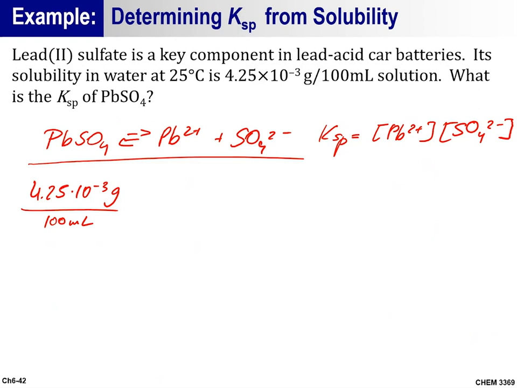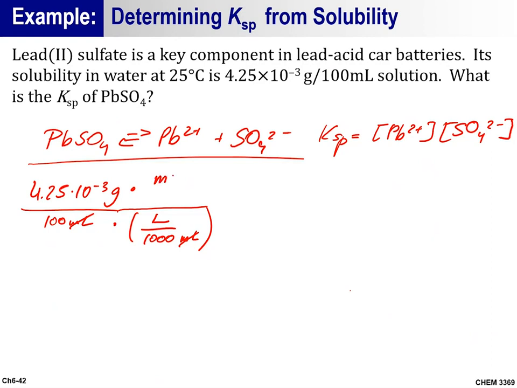I need to convert it to liters. So 1 liter is 1000 milliliters, so these units will cancel. I'll have liters, and then I need to divide the mass by the molecular weight in order to get the moles of Pb2 plus.